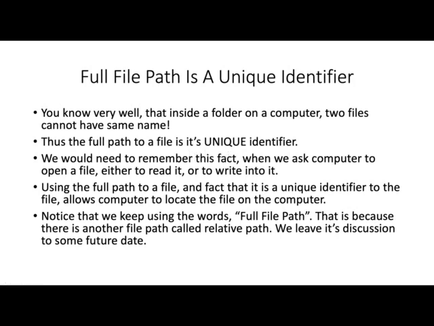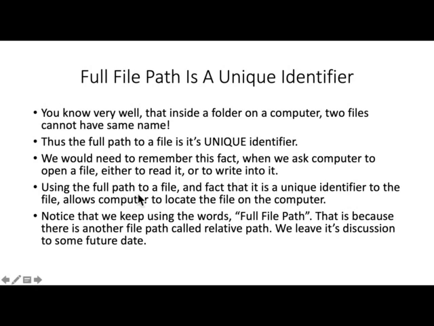If you have taken a database class, the unique identifier in that case is the primary key. So you could in a way say that the full path to a file is its primary key. We need to remember this fact when we ask the computer to open a file, either to read it or to write into it.